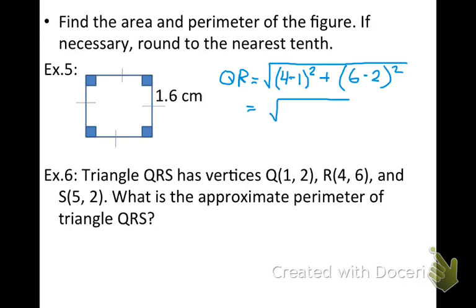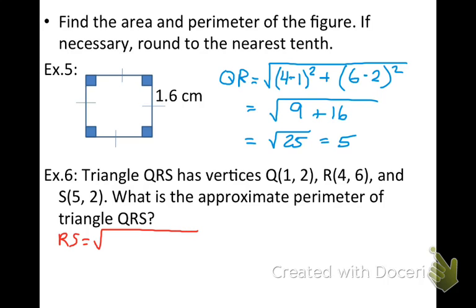That's going to get us the square root of 9 plus 16, which is the square root of 25, which equals 5. So QR has a distance of 5.